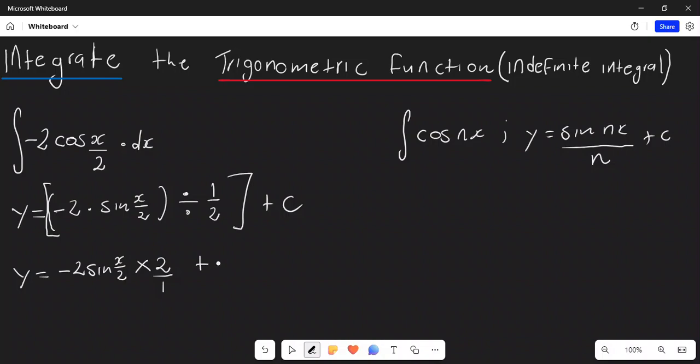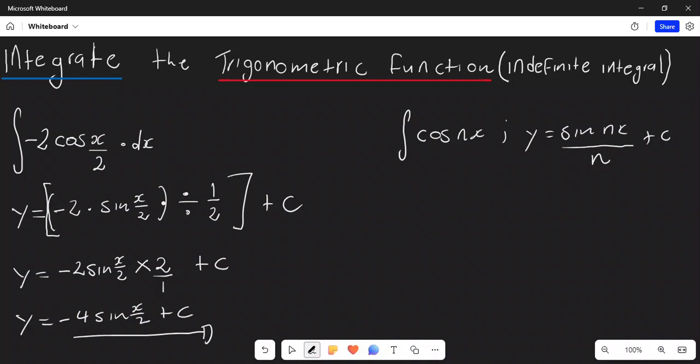Then plus c. So to finish up, this 2 multiplied by this negative 2, now you're going to have negative 4 sine x over 2 plus c.